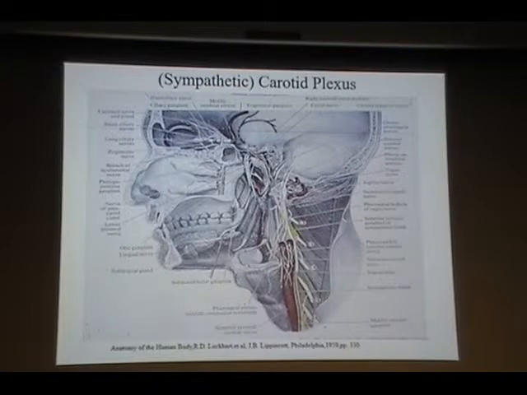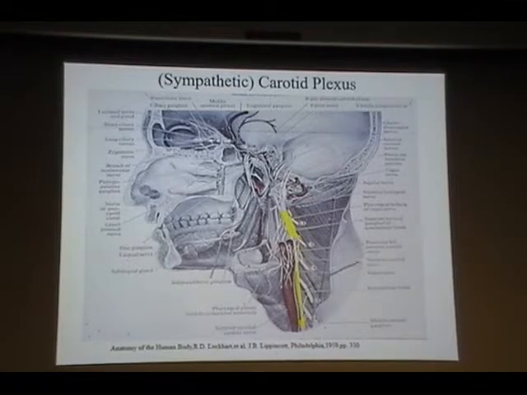So what we're looking at here, in particular, is this ganglion. Let's see if we can get this to work here. Is this ganglion over here, which is receiving input. There's another ganglion here, which is receiving input from here.